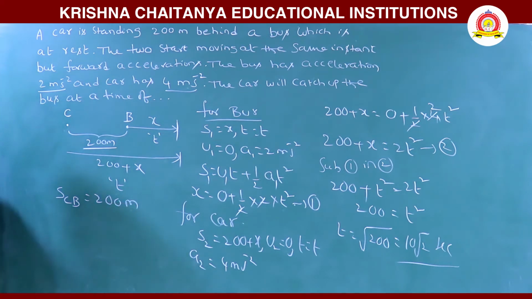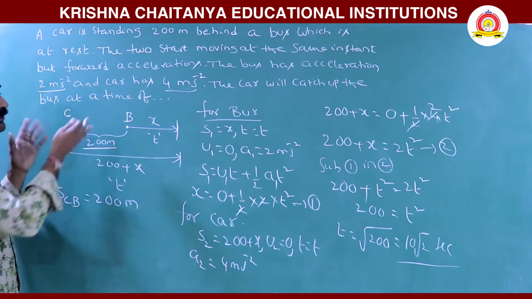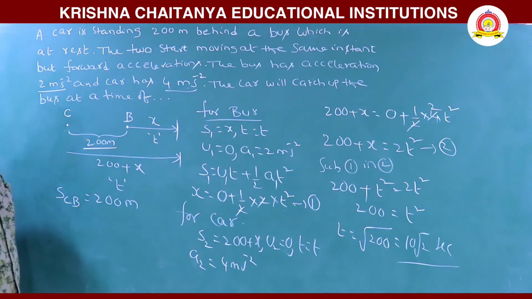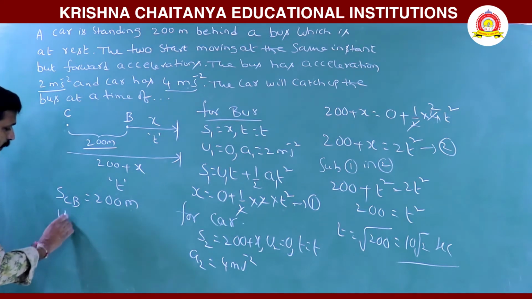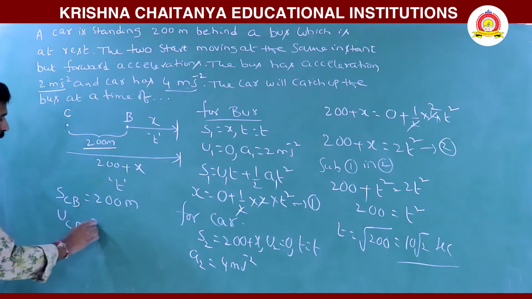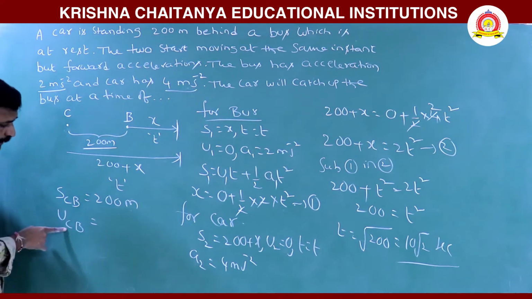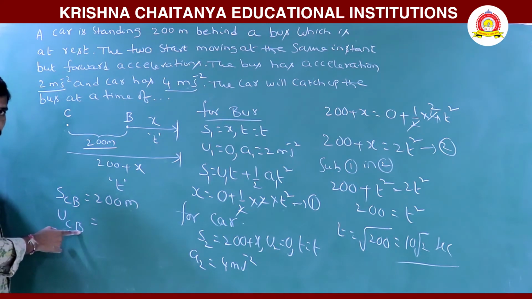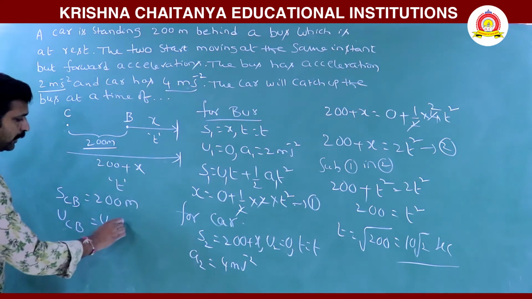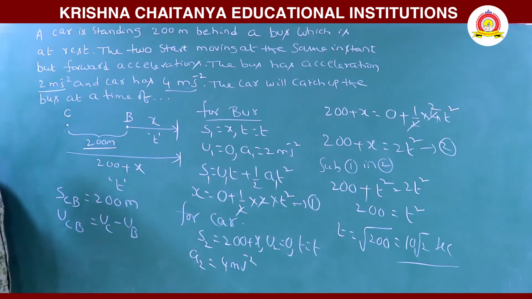Okay. Now what are their initial velocities relatively? Initial velocity of the car with respect to the bus is U car minus U bus.